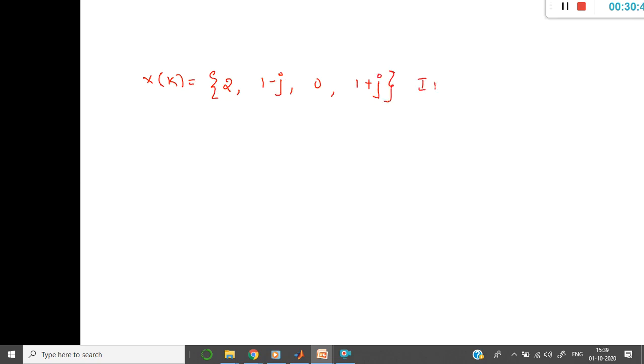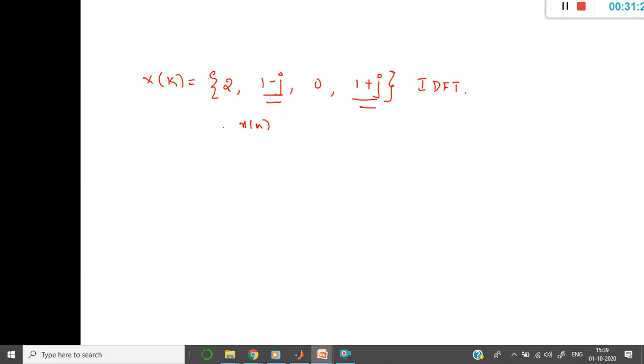So obtain the IDFT for this. Obtain the sequence x of n for x of k equal to 2, 1 minus j, 0 and 1 plus j. Observe here 1 minus j and 1 plus j are complex conjugates. The first element, 2, is nothing but a DC component, right? So try to solve this example. If you have any doubts, or if you are able to give me the answer, that's the best thing for me.